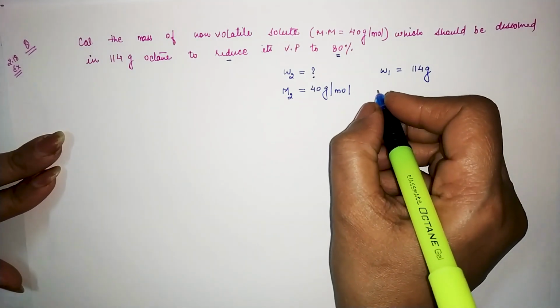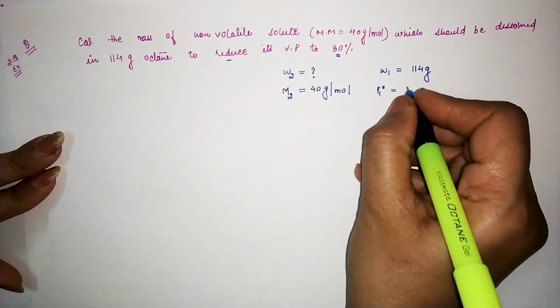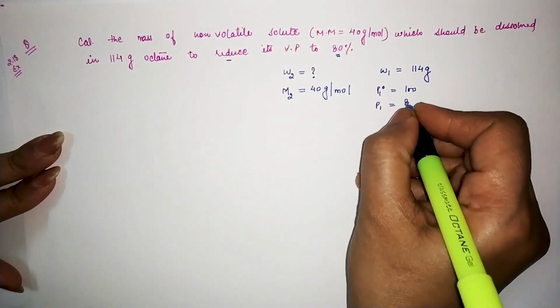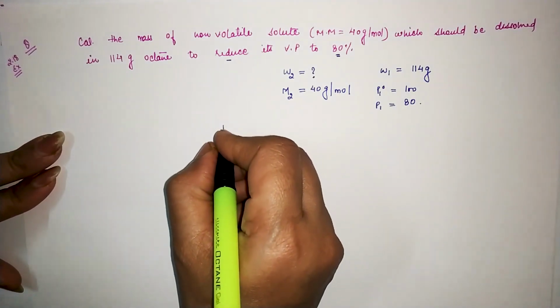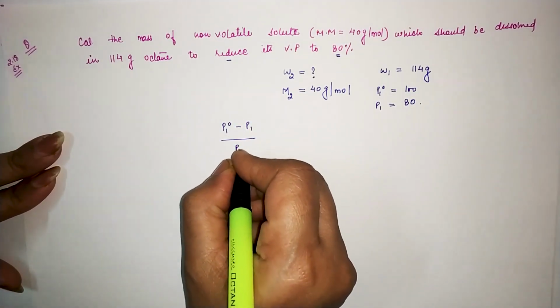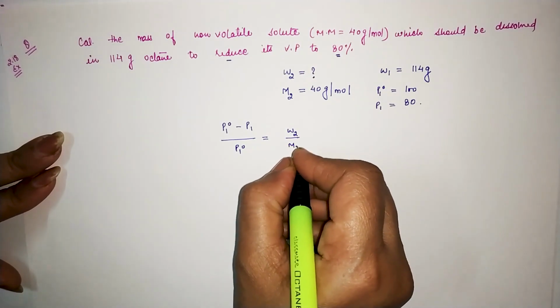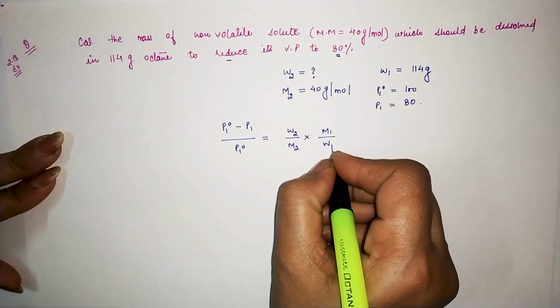So if I take in this question P1 naught as 100, my P1 will become equal to 80. Now if we write the formula, P1 naught minus P1 upon P1 naught is equal to W2 upon M2 into M1 upon W1.